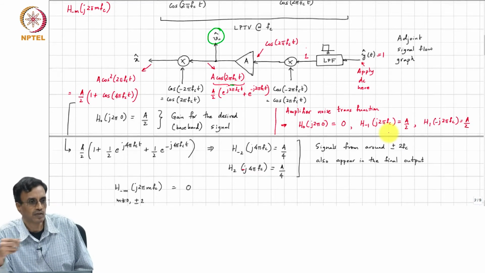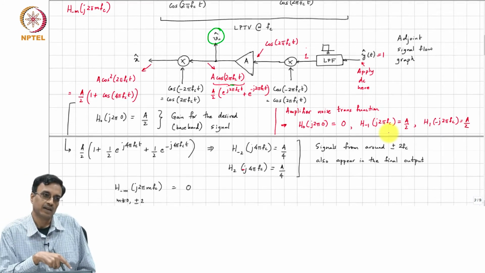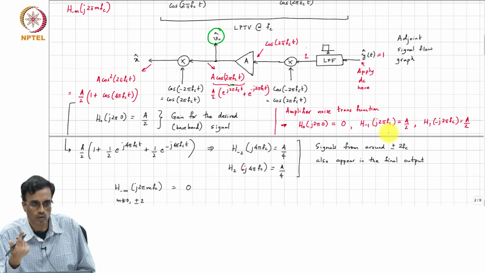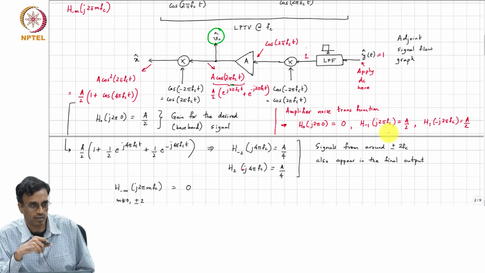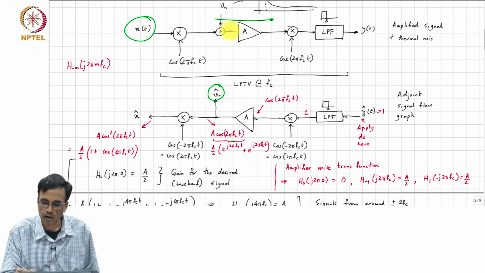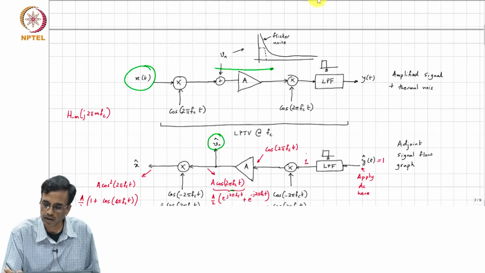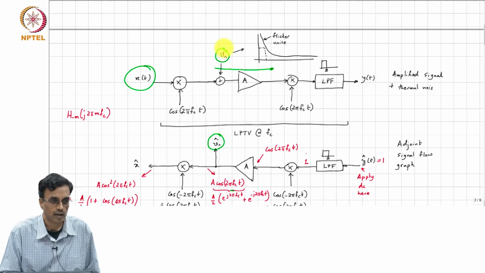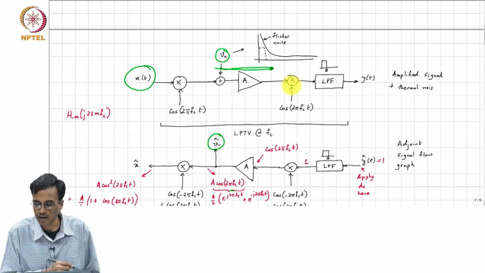That if the input has some frequency components around fc, they will appear at DC in the final output, and that makes sense, because if V n has a component at fc, fc is getting amplified by the amplifier and demodulated by the output multiplier.